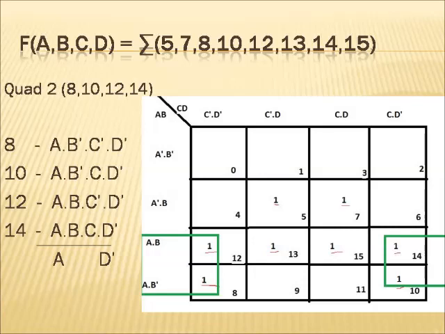Then the last one, D bar. In the case of D bar, we can see that D bar is staying the same, because for 8 it is D bar, 10 it is D bar, for 12 also it is D bar, and 14 also it is D bar. So we have reduced the quad to A dot D bar.